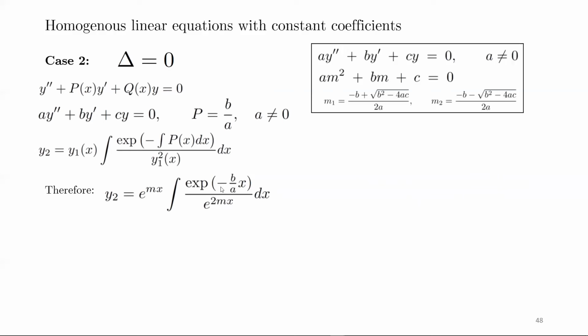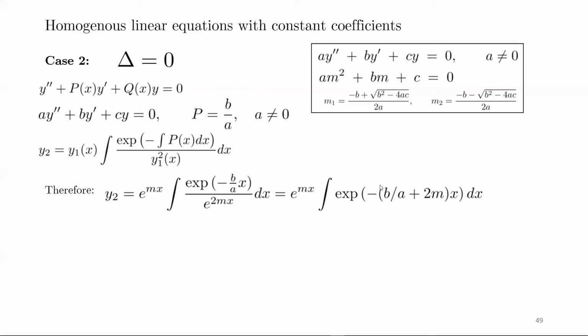So the exponential of negative b over a times x divided by e to the 2mx is the exponential of negative b over a x minus 2mx. I've written that here: negative b over a minus 2m, times x.